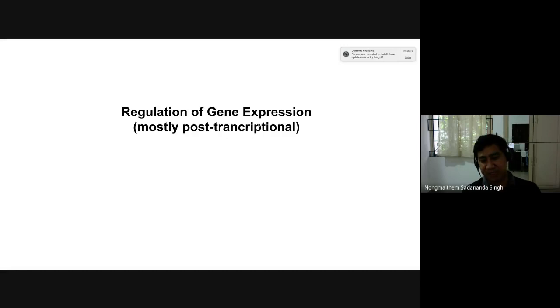Either it changes the DNA profile by epigenetic modification, which has a lot of implications in the binding of transcriptional factors, either to inhibit or repress transcription, or activators can be attracted by these modifications.